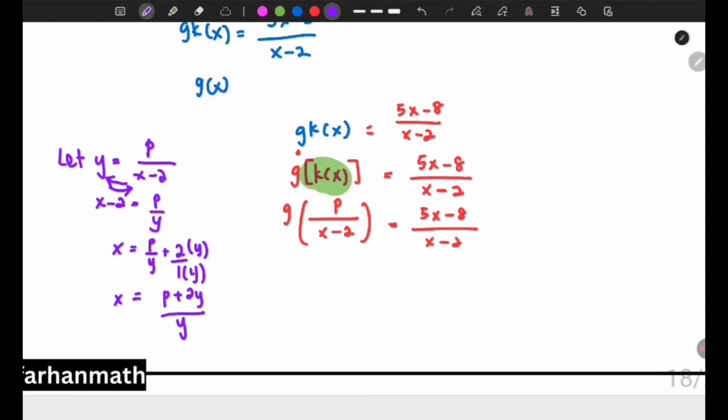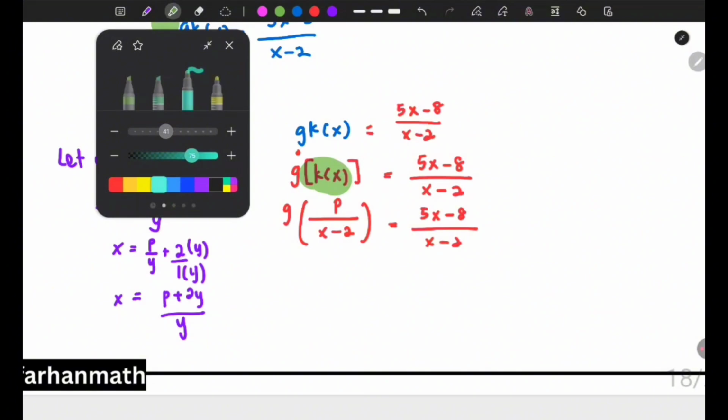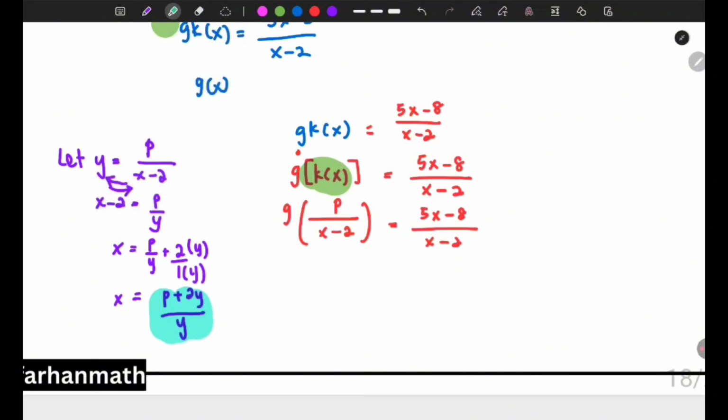And now replace all your x, since you know the x is all p plus 2y over y, so replace all this to p plus 2y over y. So replace now, because your x, you know that is equals to that.